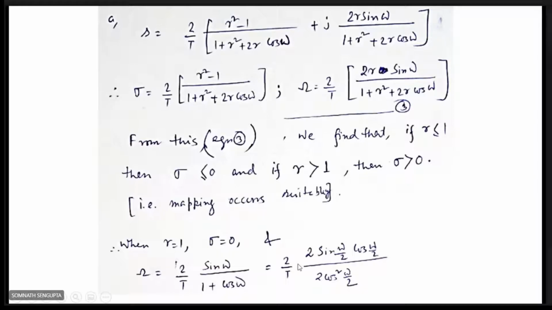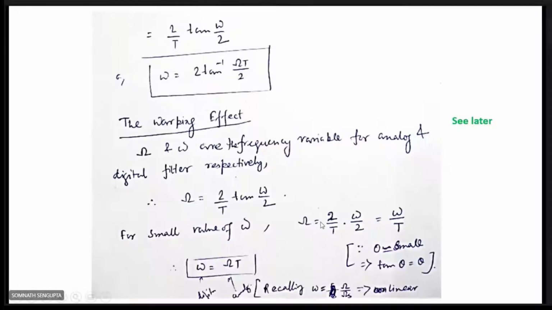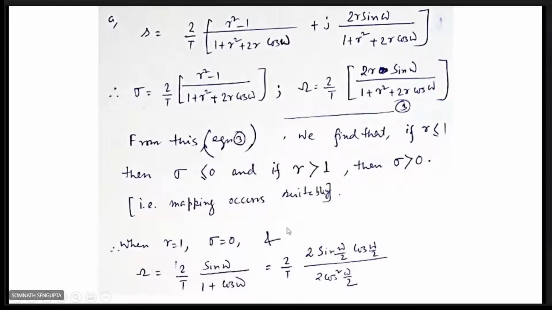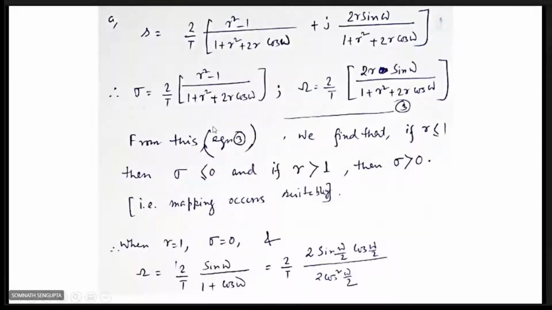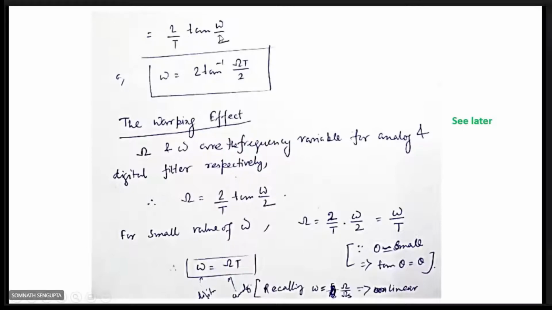Writing 2 sine omega means 2 sine theta cos theta, so sine omega by 2 into cos omega by 2 divided by 1 plus cos omega, which means 2 cos square omega by 2. The cos omega by 2 will cancel out, and we see that capital omega is 2 by t into tan omega by 2.